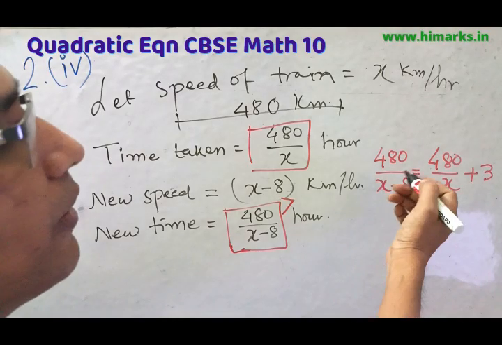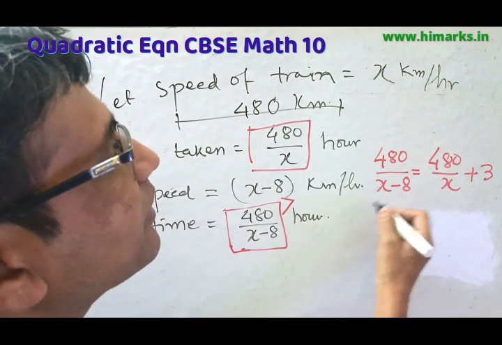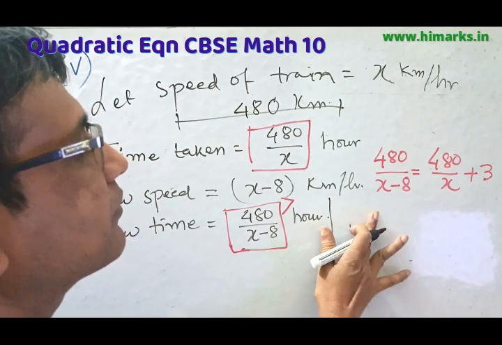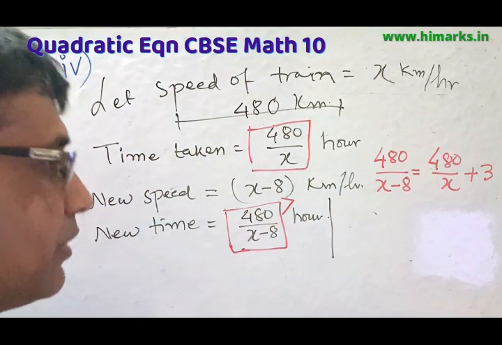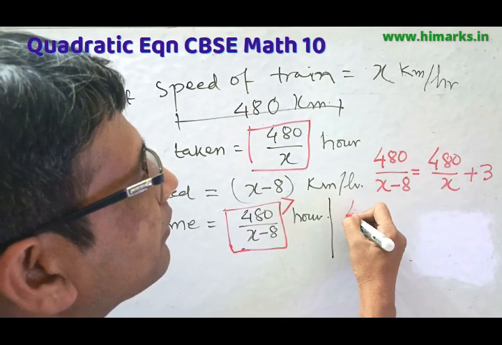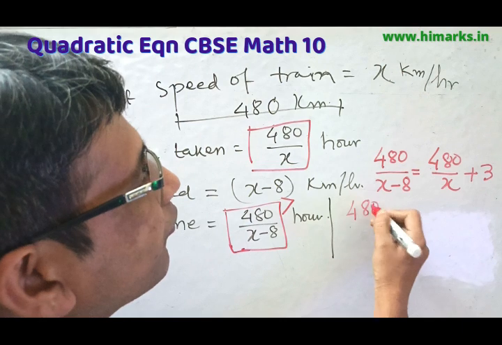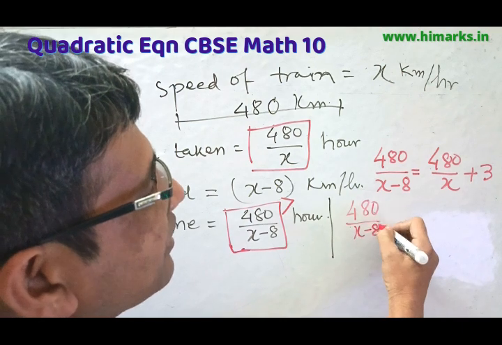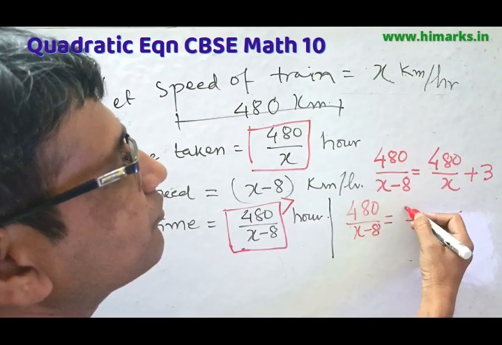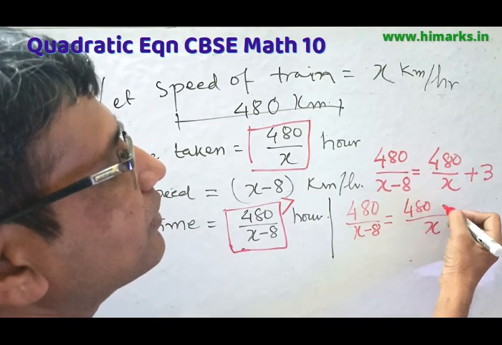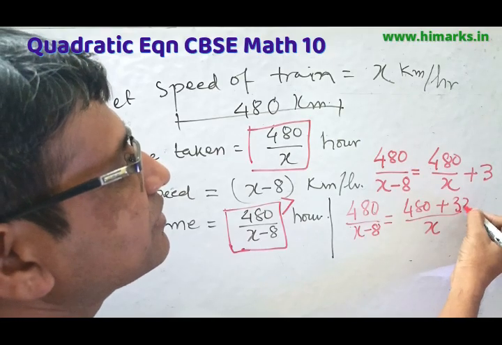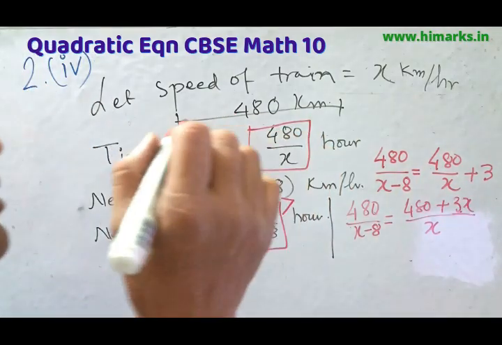How will we solve? Here we'll do our LCM. 480 by x minus 8, and here what is the LCM? x. So 480 plus 3x, if x is the LCM. Hope you have understood this one.